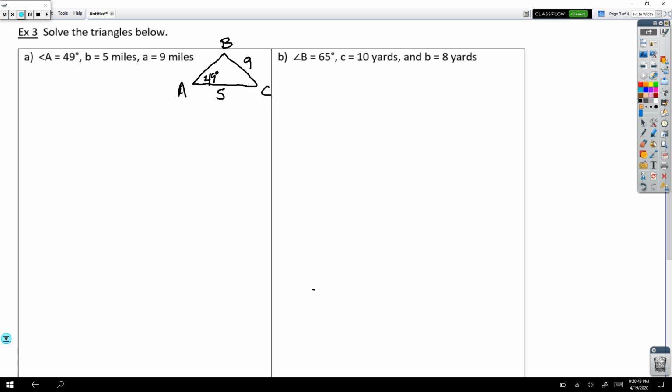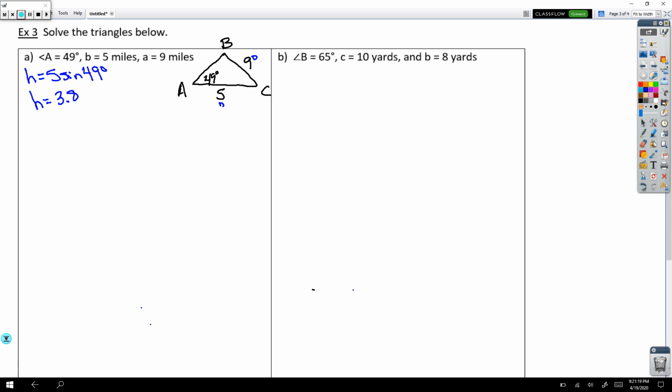And we don't know anything about C. So here would be the adjacent side, here would be the opposite side. So let's find the height. H equals N sine of 49 degrees. Punching all that into your calculator, you would get your height equaling 3.8 miles, right?